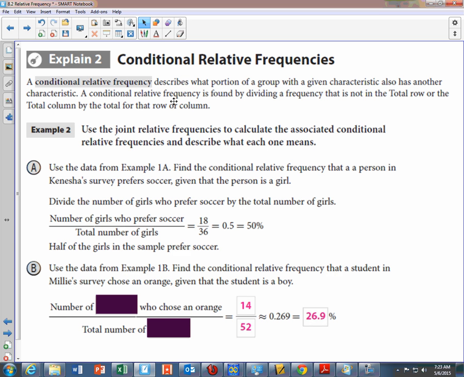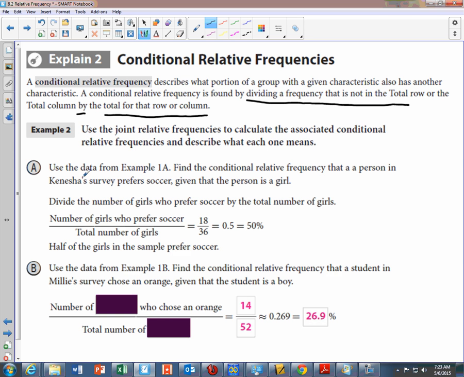A conditional relative frequency is found, and I want you to underline this just like we underlined before, by dividing a frequency that is not in a total. We're going to divide that by the total for that row or column. Now, look at this. It is not the total for the whole thing. It's just for the total of that row or column.